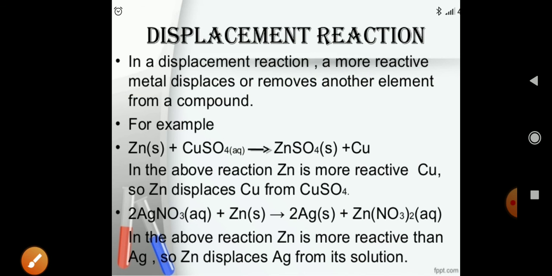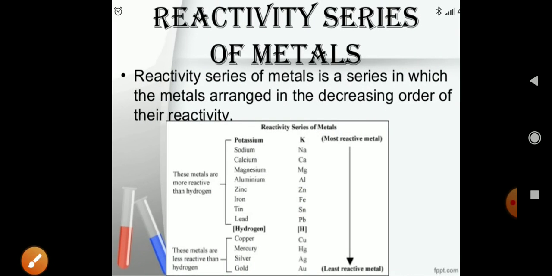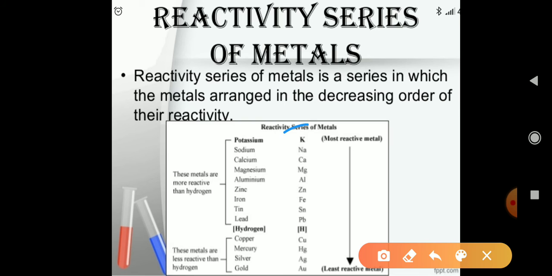For example, if we see the reactivity series again, the most reactive is potassium. So potassium can displace any of the elements in this series. But if we consider the example of magnesium, magnesium can displace a metal which is less reactive than magnesium.